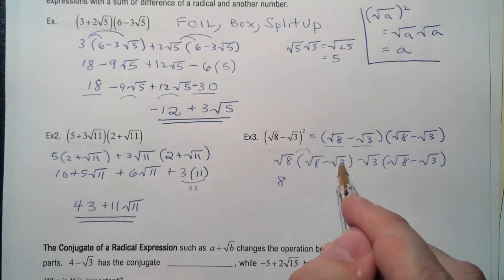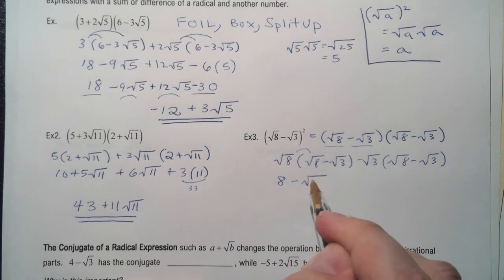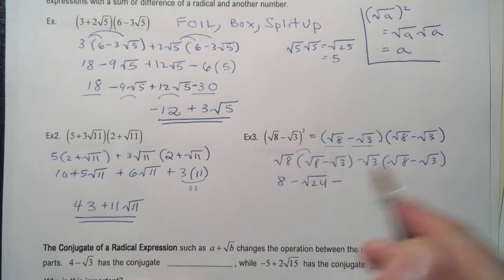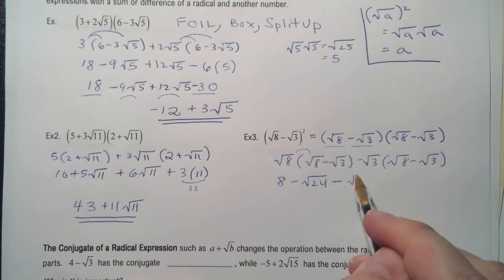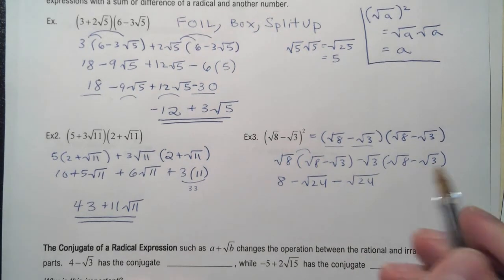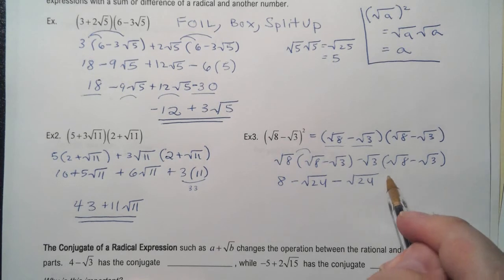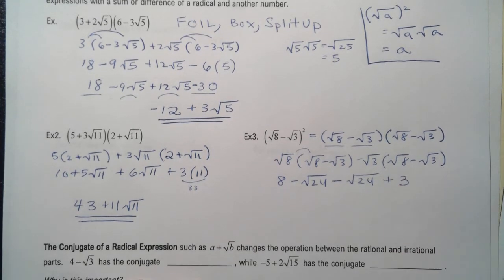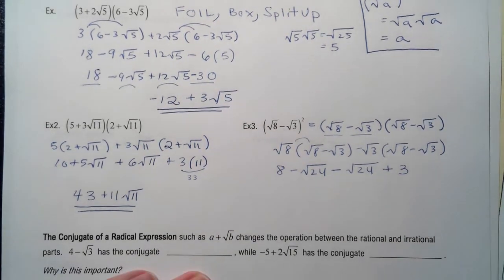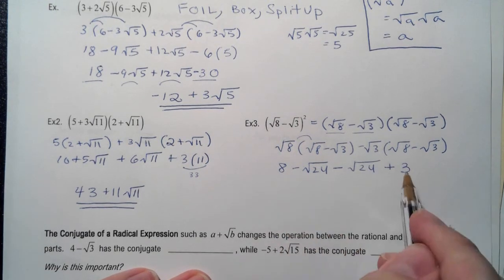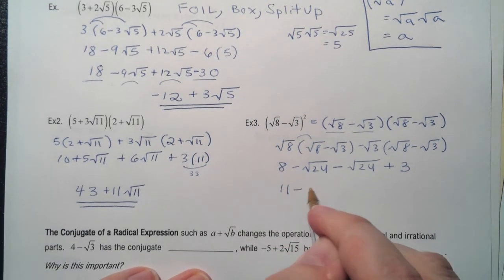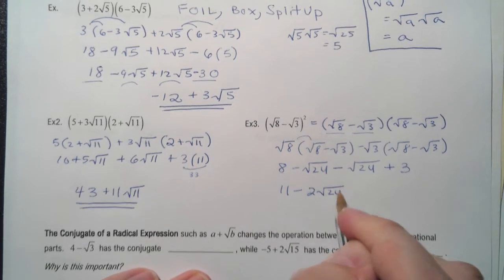The square root of 8 times 3 is the square root of 24. Over here, the square root of 3 times the square root of 8 is the square root of 24. And the square root of 3 times the square root of 3, notice these are both negative, so I'll have plus 3. So then what do I have? I have 8 plus 3, which is 11, minus 2 square roots of 24.